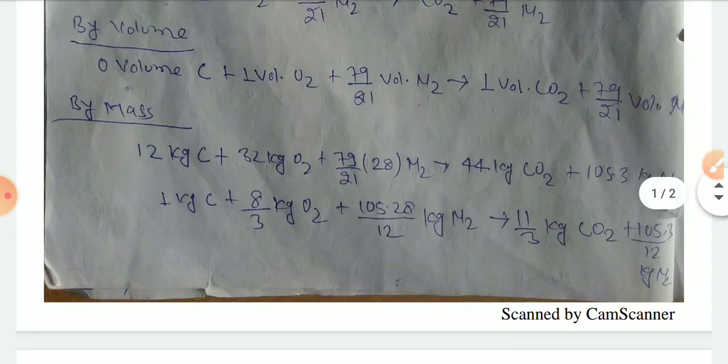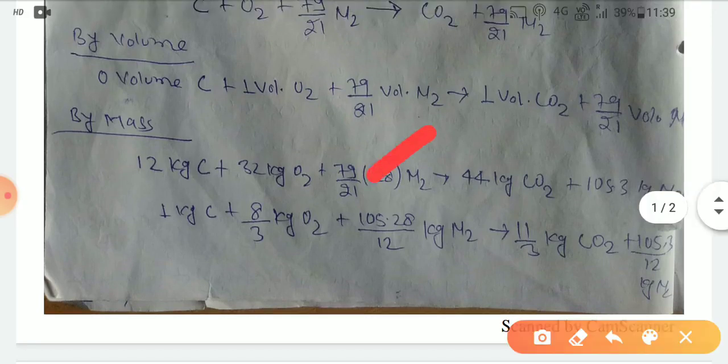In the same way, the molecular weight of nitrogen is 28, so you can write it here. And here CO2 is 44 kg of CO2, because carbon is 12 and oxygen is 32.